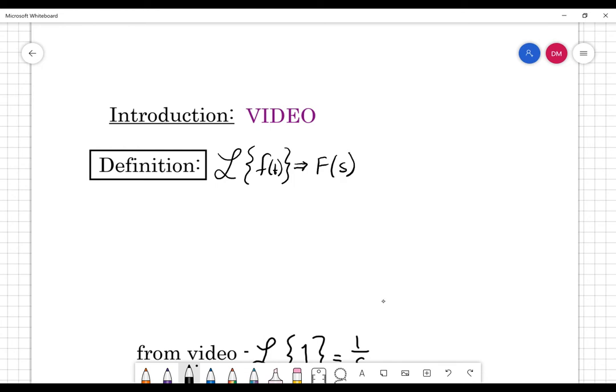Now, what we're doing is we're taking a function of time and we're performing a transformation to make it a function of s, which is frequency. This is a very common thing to do in engineering applications, which you won't have to worry about as much here, but just so you know where those variables are coming from.